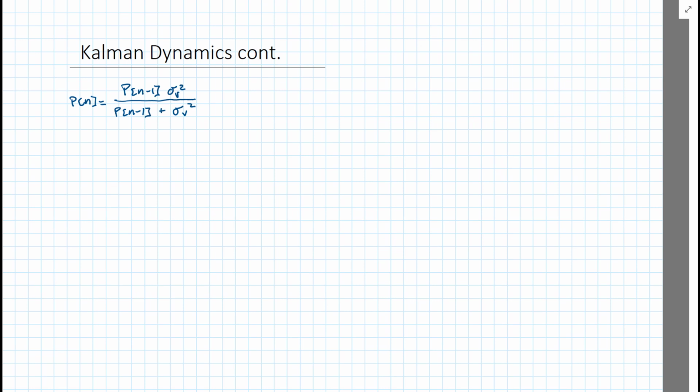Okay, we can solve for this recursively, assuming that we have P0 is our initial guess. Then P1 is going to be P0 times sigma v squared over P0 plus sigma v squared.